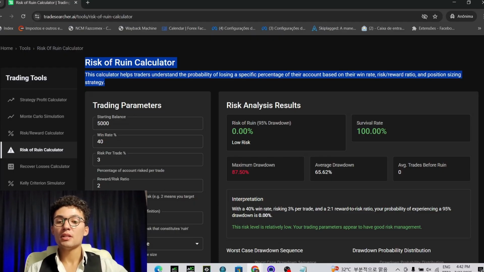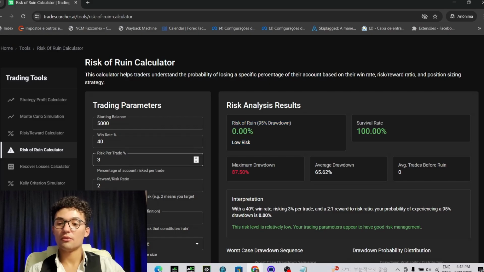All right. So what was the problem here? It's the drawdown, okay? The risk of ruin is still 0, of course, if you risk 3%. But the maximum drawdown is 87%, and the average drawdown is 65%. I'm blind. It's 65%, okay?